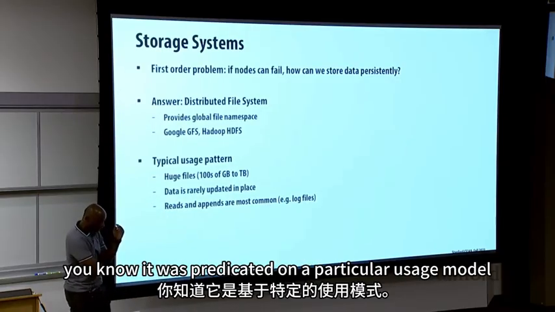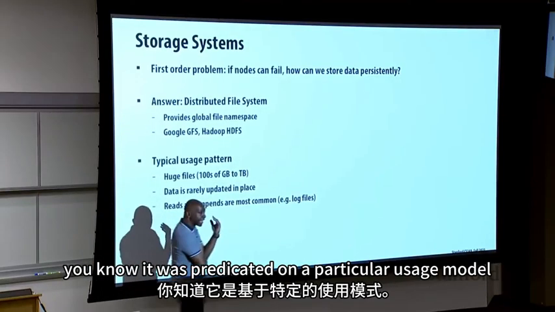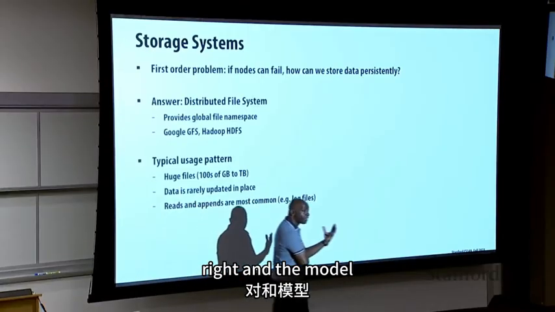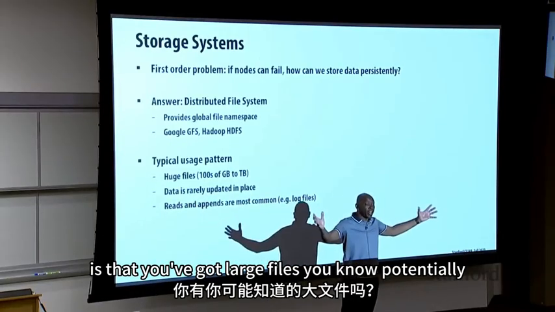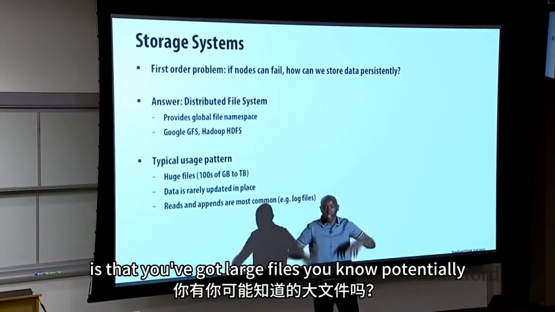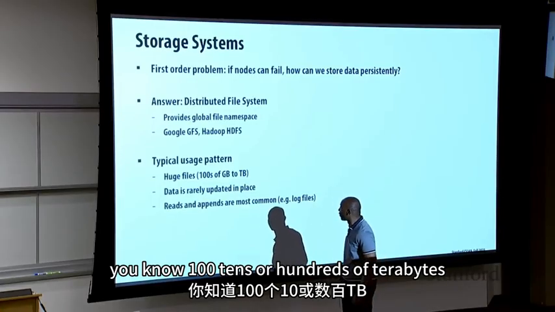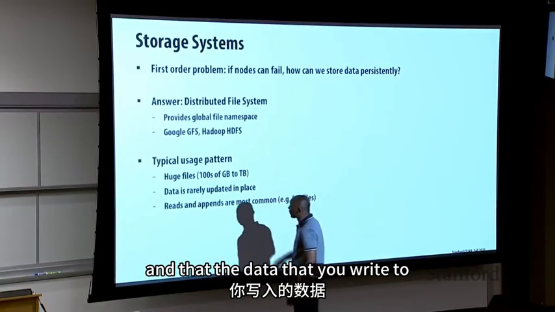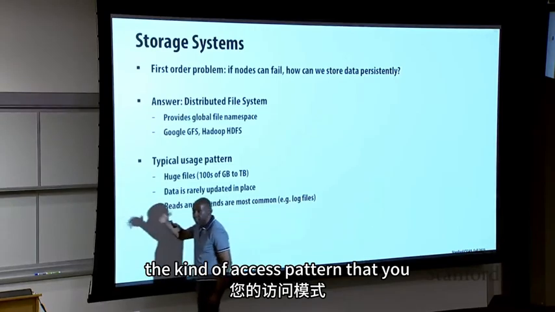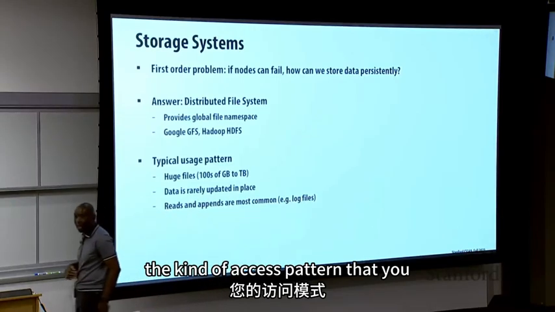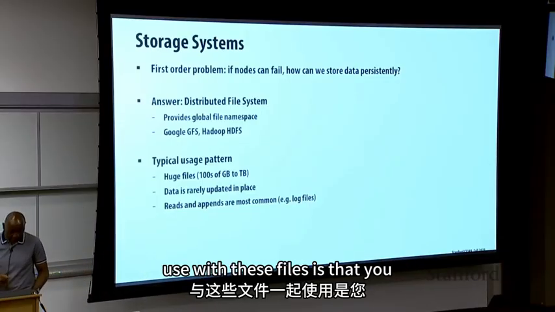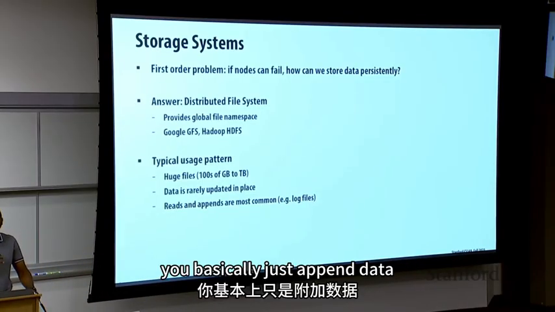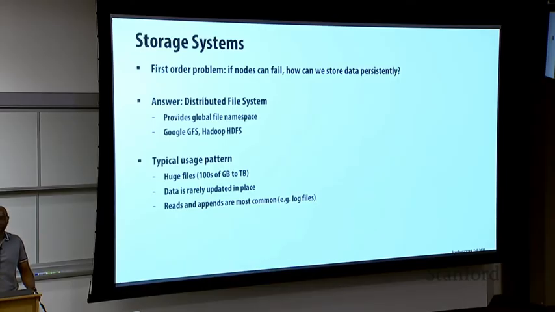And so, it was predicated on a particular usage model, right? And the model is that you've got large files, potentially tens or hundreds of terabytes, and the access pattern that you use with these files is that you basically just append data to the files in terms of writes, and then you read.